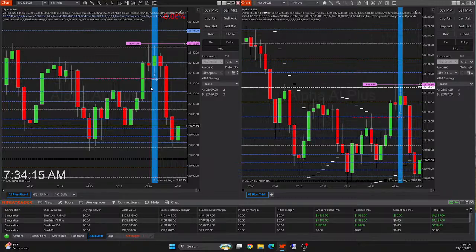So how many bars now? 1, 2, 3, 4. One more bar. If no touch, this trade will be cancelled.